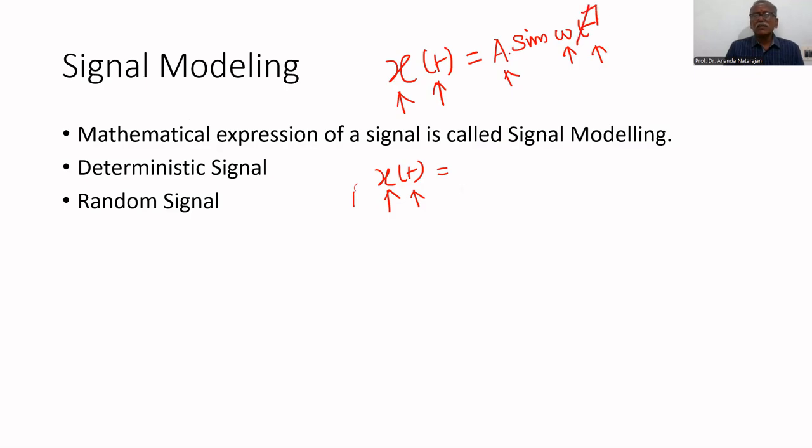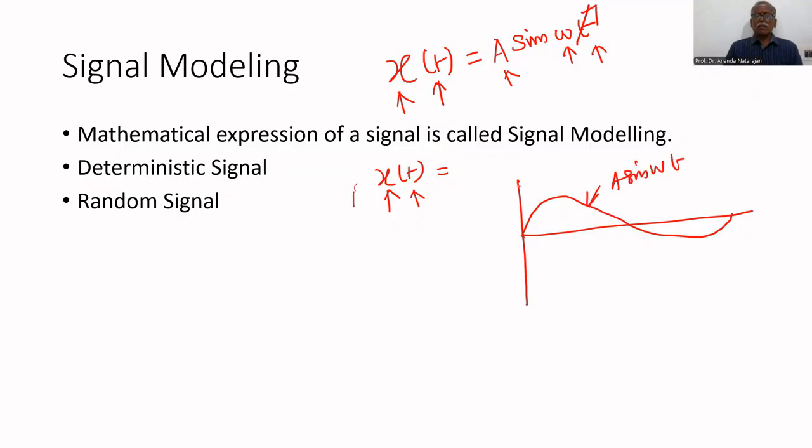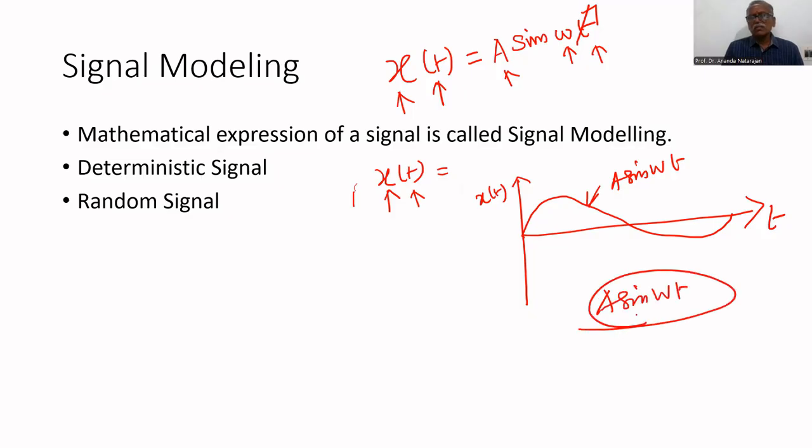As t varies, this signal varies. If we plot this, the signal looks like this, a sinusoidal signal, A sine omega t. So this is x of t, plotted versus the time independent variable t. This is mathematically represented as A sine omega t. That is called signal modeling.